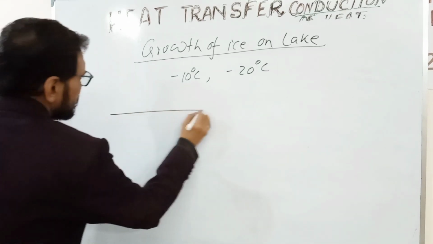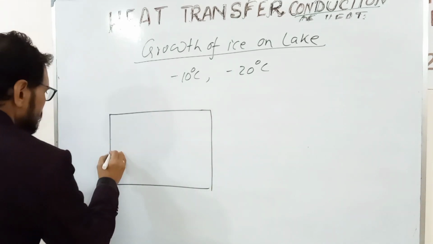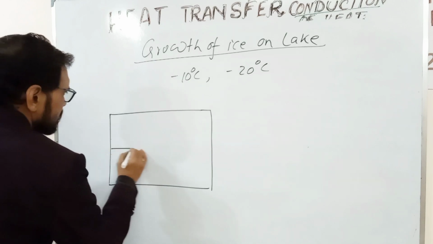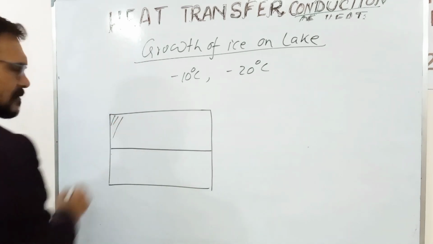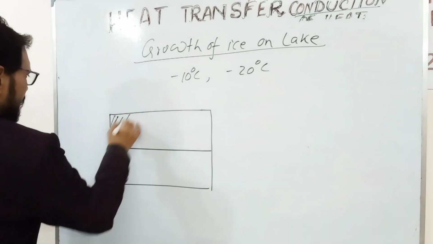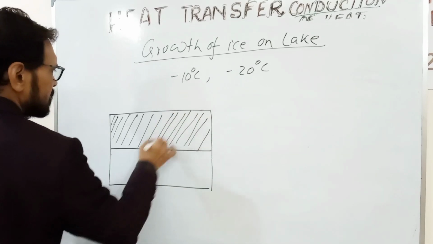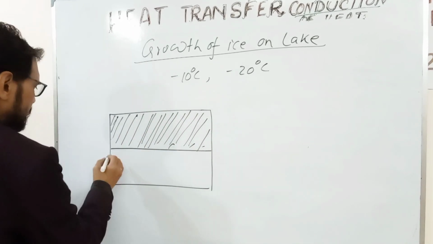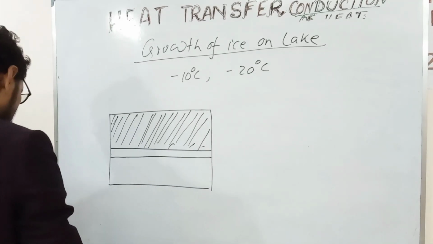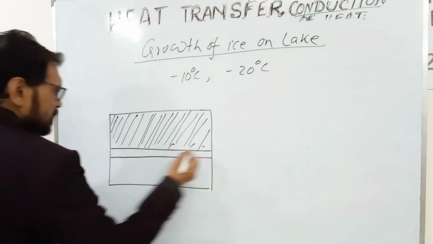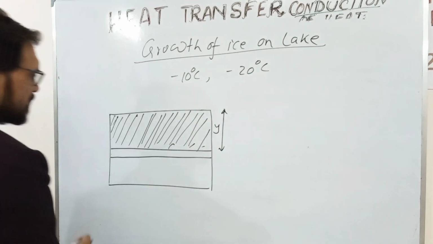Suppose this amount of ice has already formed, and after that dy. y is the thickness of ice that has already formed.